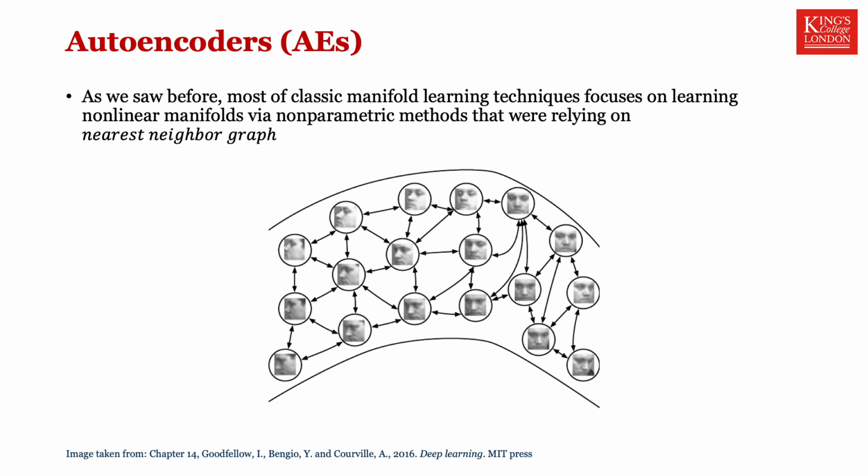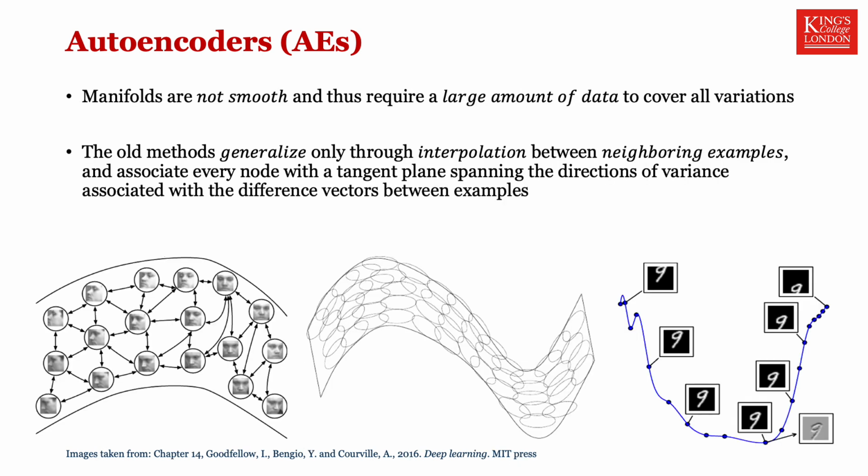This is what many of the other classical manifold learning techniques do. But the point is, if you're trying to do this, you really need a lot of examples. And the problem is, many of these methods require quite a lot of data to be able to create smooth manifolds.